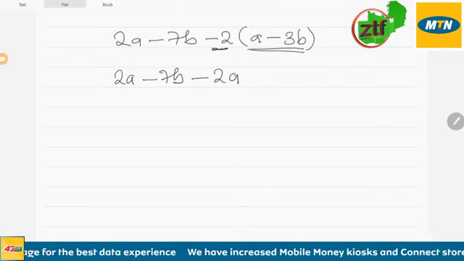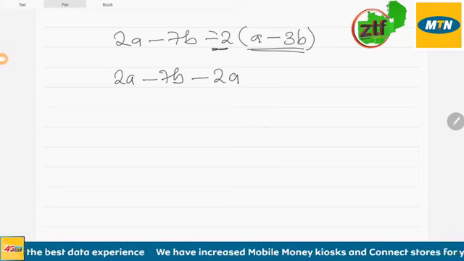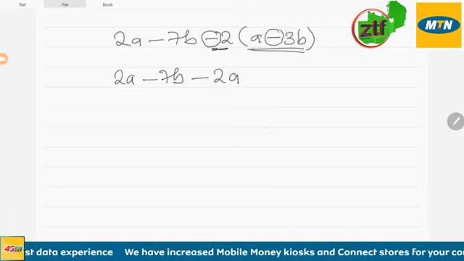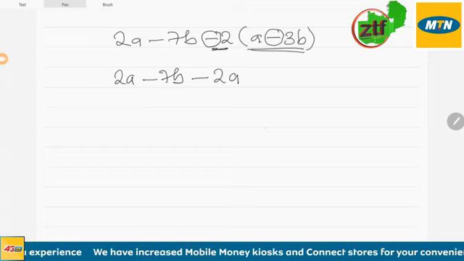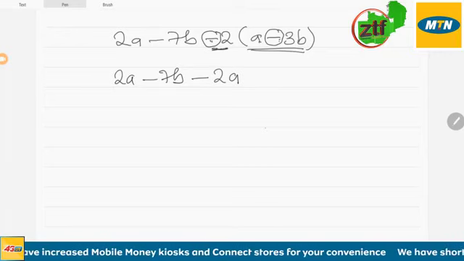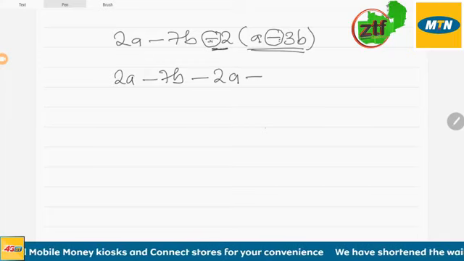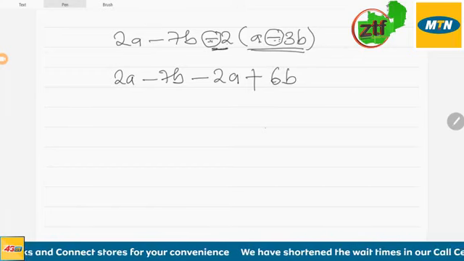But please be careful there. There are two operations. There is this operation and this operation as well. This operation is being distributed to that. So we say negative 2 times negative 3b. We'll not rush into putting a negative sign here because the negative and the negative will give us a positive, and then 2 times 3b, we are going to have 6b.